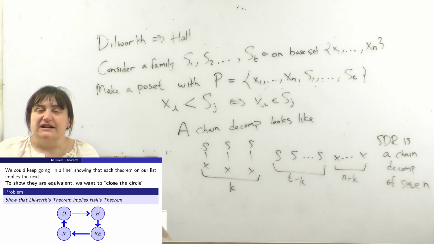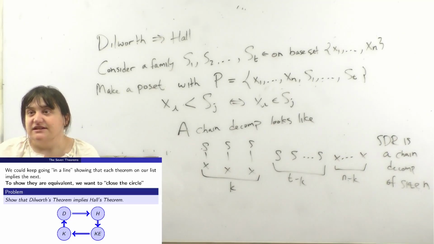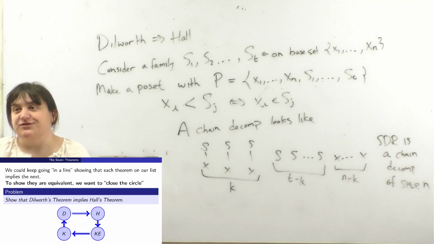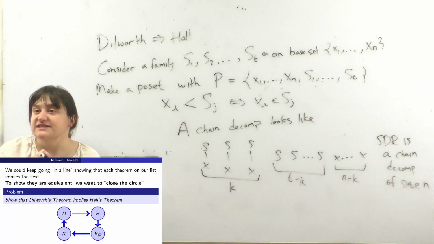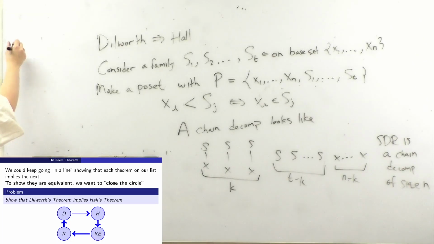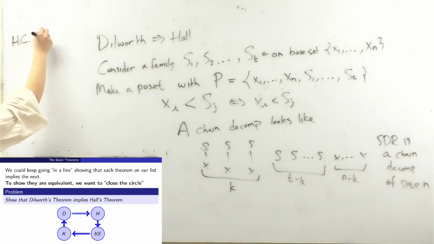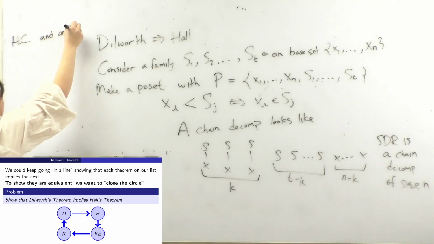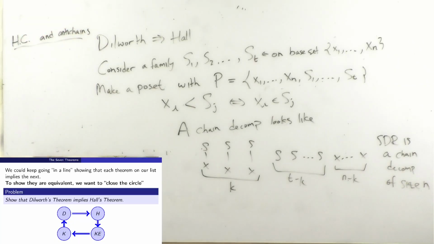So it's actually easier to see that Hall's theorem works if and only if the biggest anti-chain you can find has size n. So let's look at how we figure out sizes of anti-chains. If Hall's condition holds, then I can't find any anti-chain with more than n elements in it.